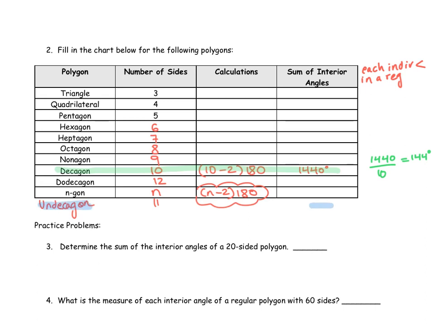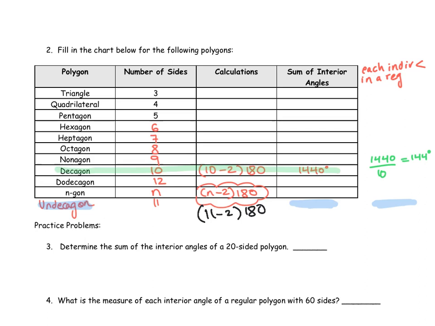Okay, so find the sum of all the interior angles of an undecagon, then find the measure of each individual angle in that polygon as well. So in order to find it, I will do 11 minus 2 times 180. So that's 11 minus 2, that's 9 times 180.